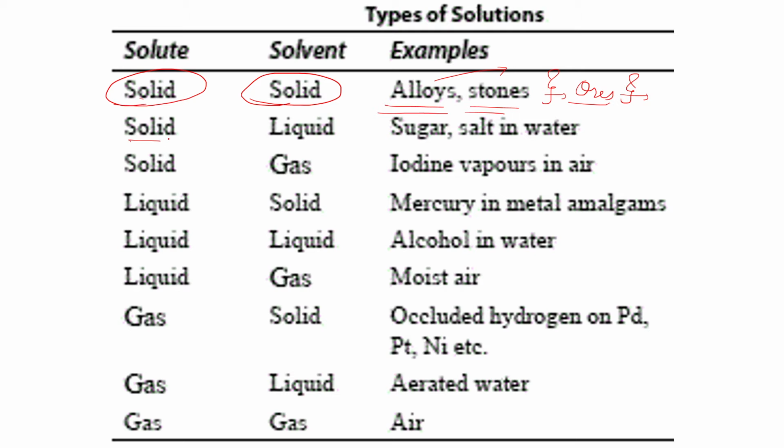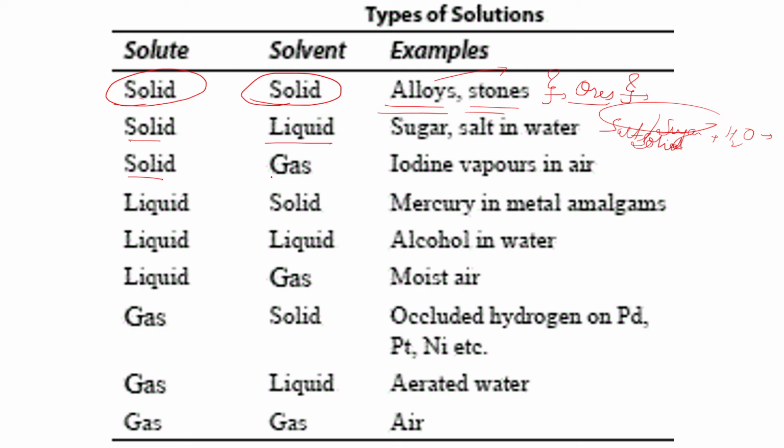If the solute is solid and the solvent is liquid, we form a solution, like when we add salt or sugar in water. Sugar and salt are solid and water is liquid, so that is an example.